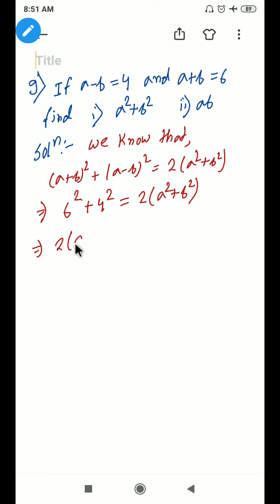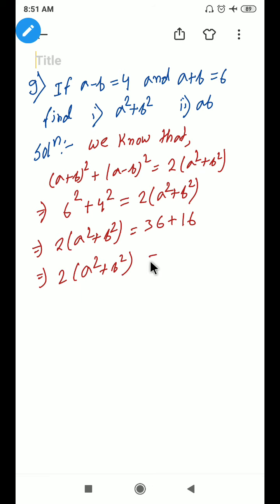So 2 into (a square plus b square) will be 36 plus 16, so 2 into (a square plus b square) is equal to 52.